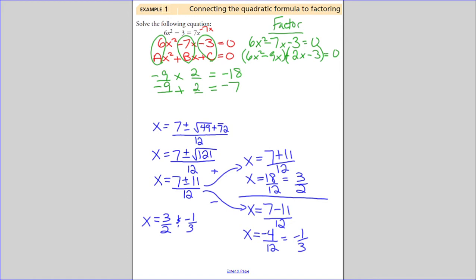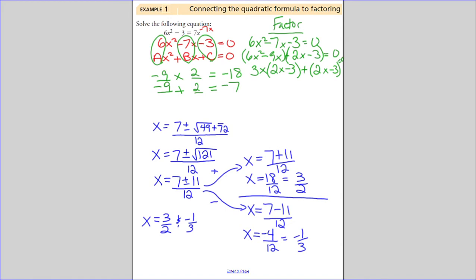So I have a 3x out of the first one, and I'm left with 2x minus 3. Now, I don't factor anything out of the second term because there's nothing in common. So this is just 2x minus 3. And then this whole thing equals 0.